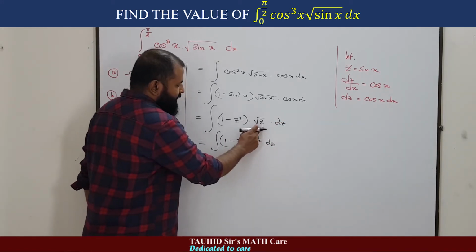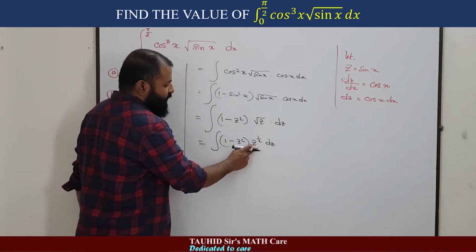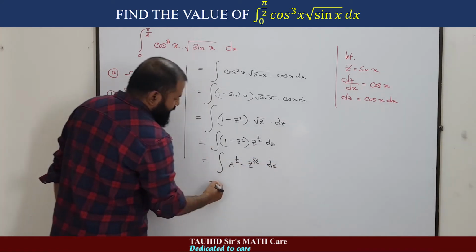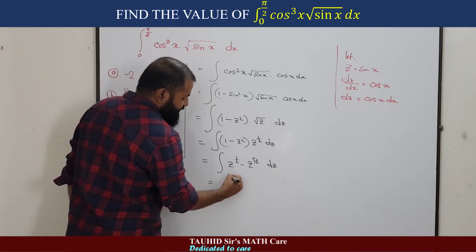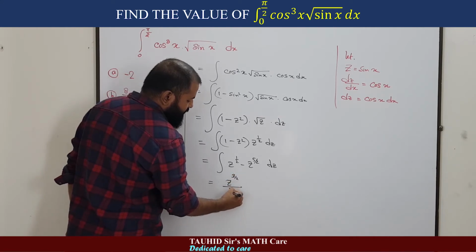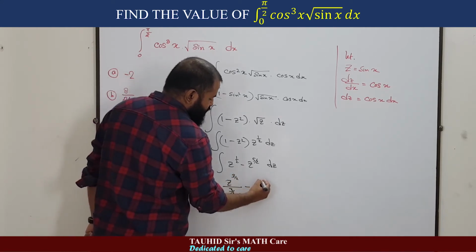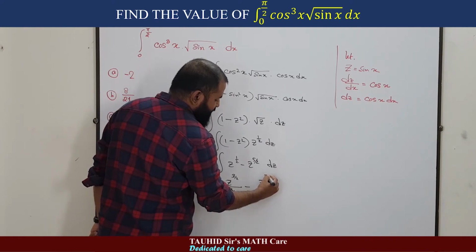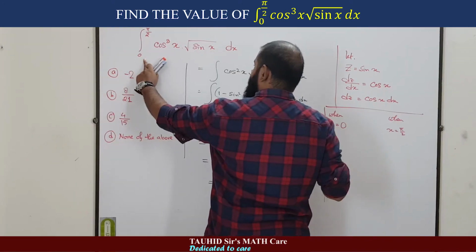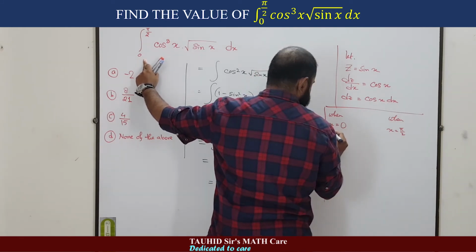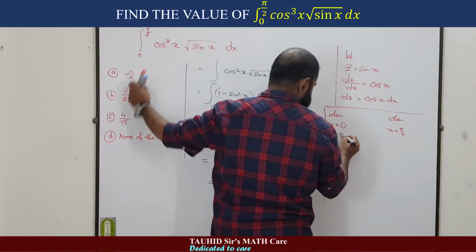You all know that root z is z to the power half. Now, let's integrate them. Z to the power half, after integration we get z to the power 3 by 2 divided by 3 by 2, minus z to the power 5 by 2. After integration we get z to the power 7 by 2 divided by 7 by 2. Now, what about limits? When x equals 0, that means z equals sin 0 equals 0.